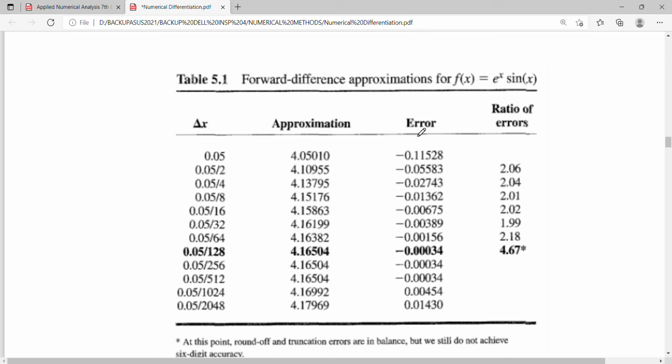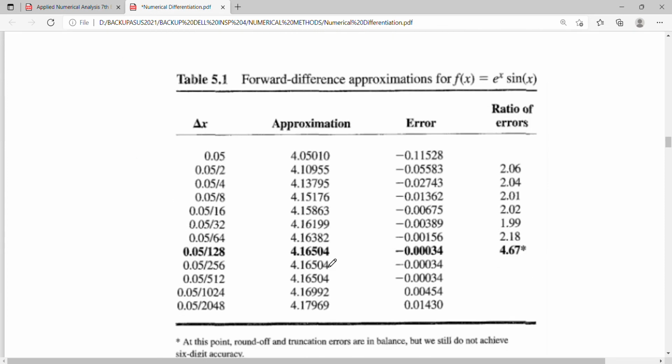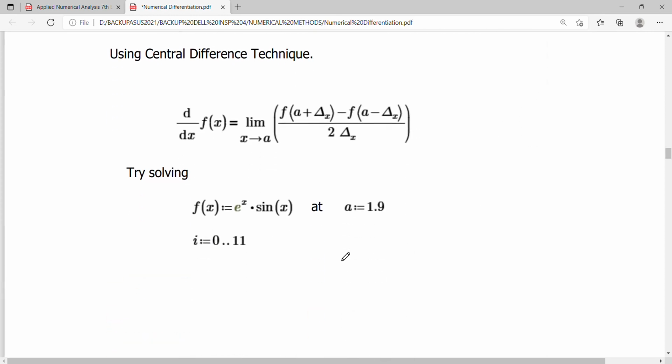Maganda yung pag round off niya. Kahit na marami yung decimal ko, mas mabilis pa rin siyang nag-converge sa kanya. So again, it depends on how you round it off and how you truncate your expressions, your series expressions.